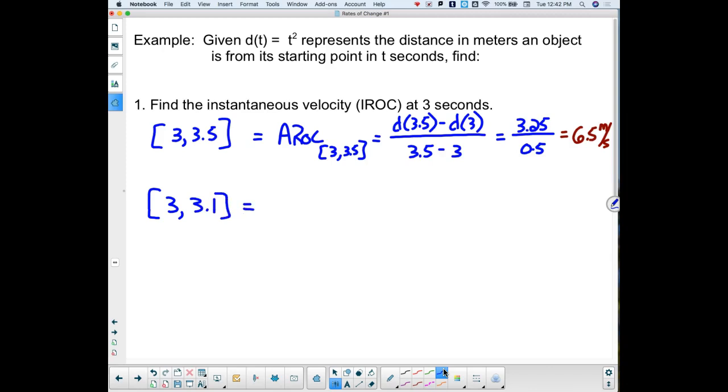Find me the AROC now for that interval of time on D. What do we got? 6.1.